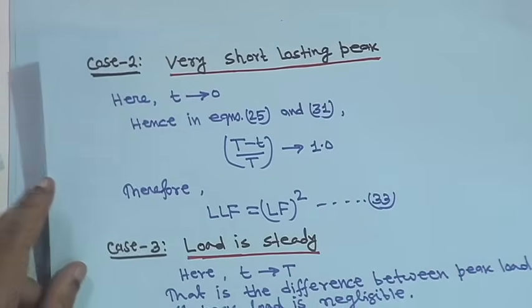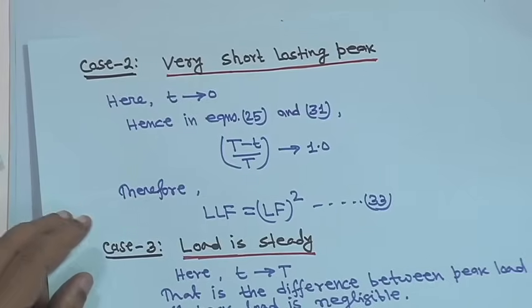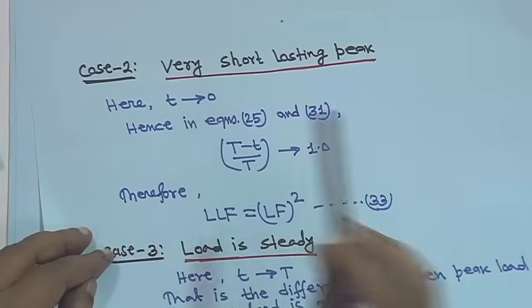Similarly, now case 2: very short lasting peak. In this case the time small t tends to 0.